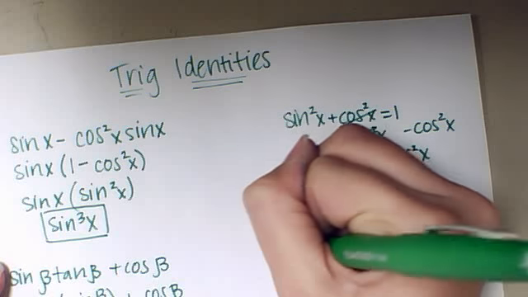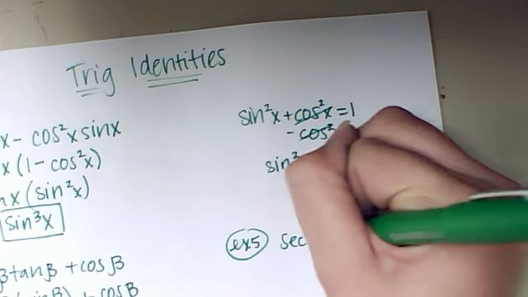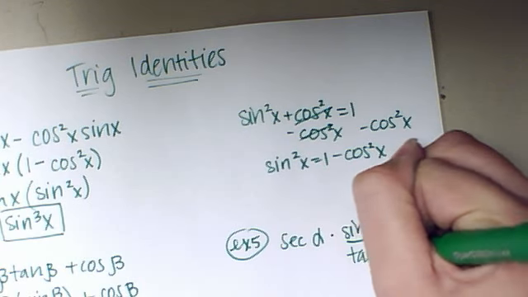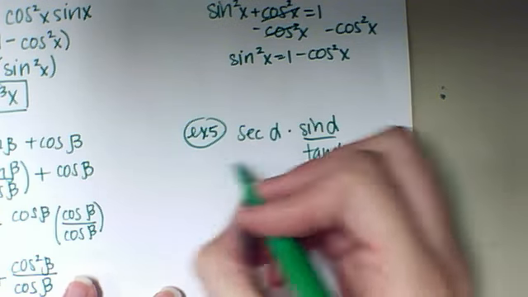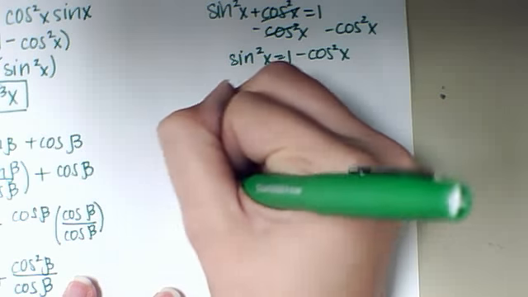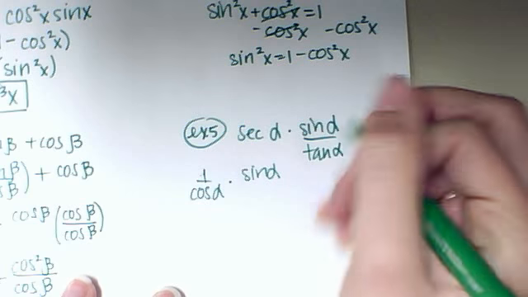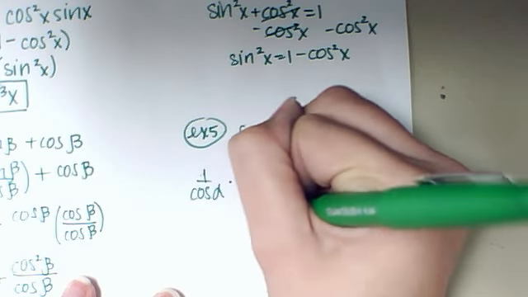Example number 5. The secant of alpha times the sine of alpha over the tangent of alpha. Again, not everything is in terms of sine and cosine, so I want to make it that way. Secant is 1 over cosine of alpha. Sine is sine of alpha over tangent, which is the sine of alpha over the cosine of alpha.